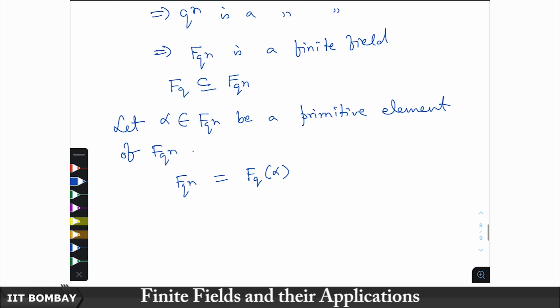And then the minimal polynomial of alpha over F Q is of course irreducible. We have proved that a minimal polynomial is always irreducible.